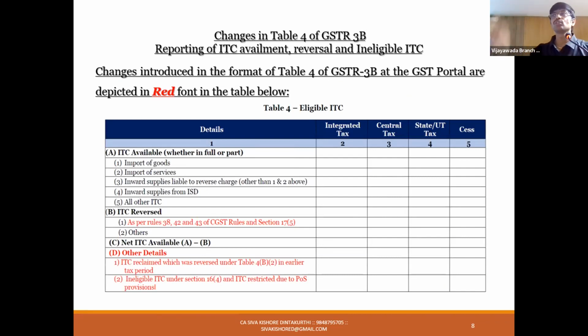It is asking to show the disclosure of such ITC which you are availing now, which was already reversed in the last month and shown in 4B2.